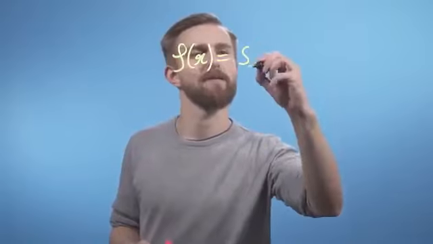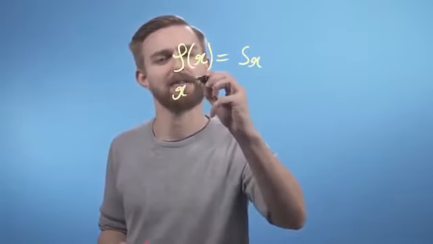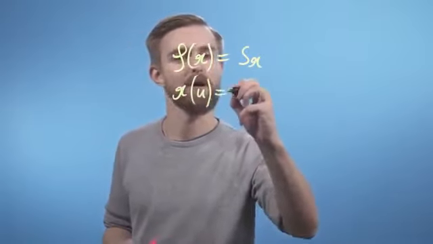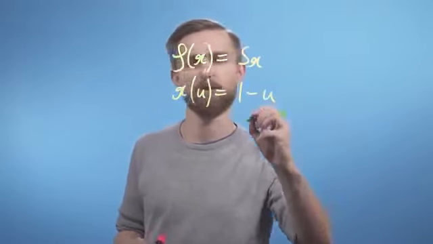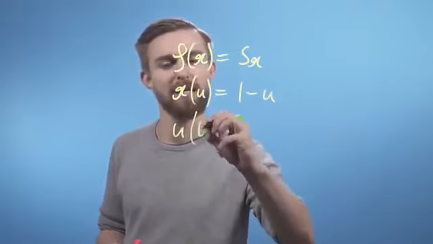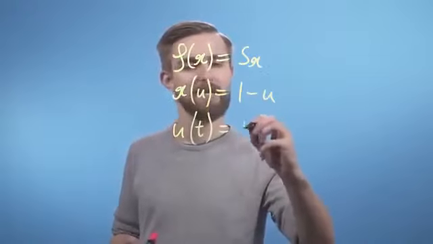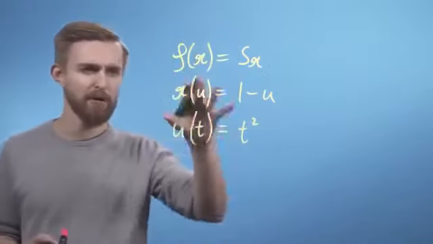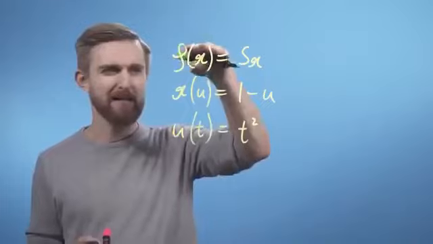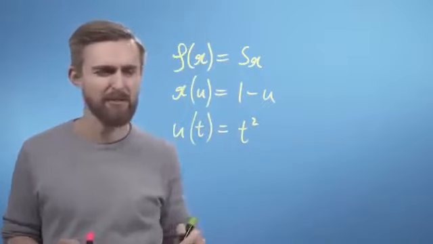Next, we're going to see that the chain rule still works for more than two links. To start us off, we'll work through a really quick univariate example where we're going to add in another function separating f from t. So we can say f of x is going to equal 5x, and we can have x of u now equal 1 minus u, and u of t finally can be t squared. So we've got three functions, and we're separating f from t now by an extra step.